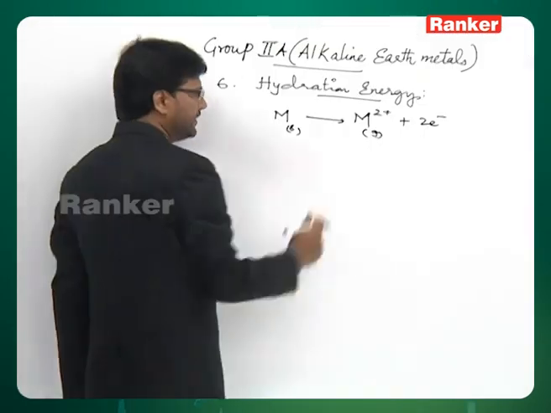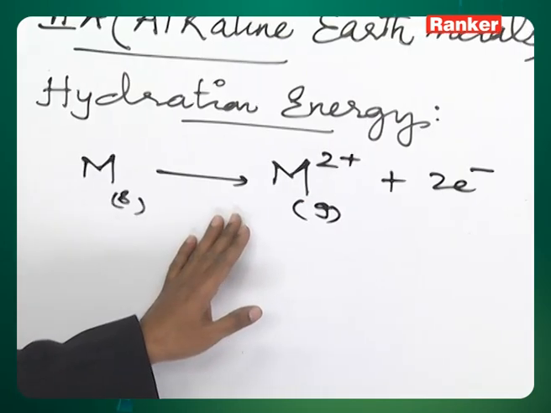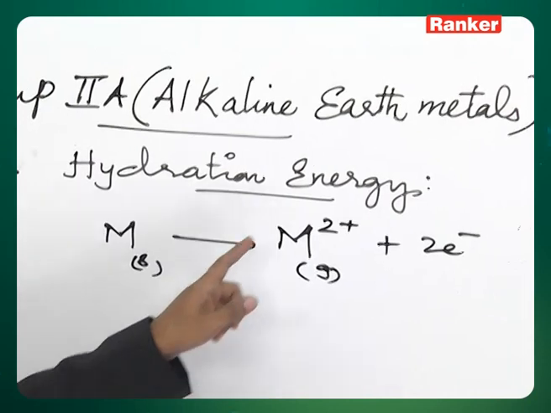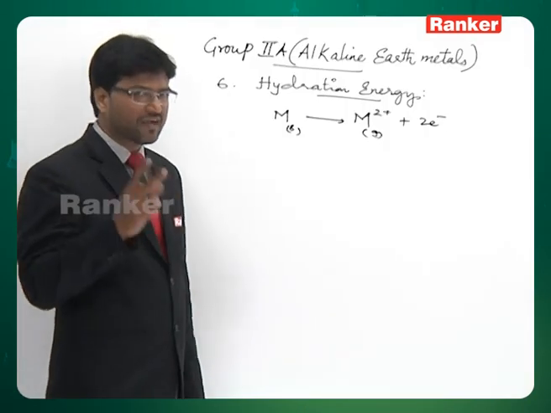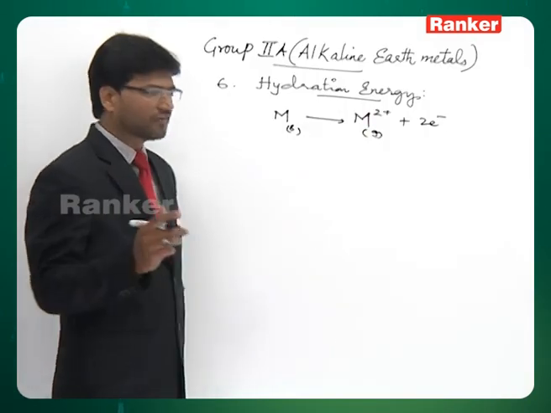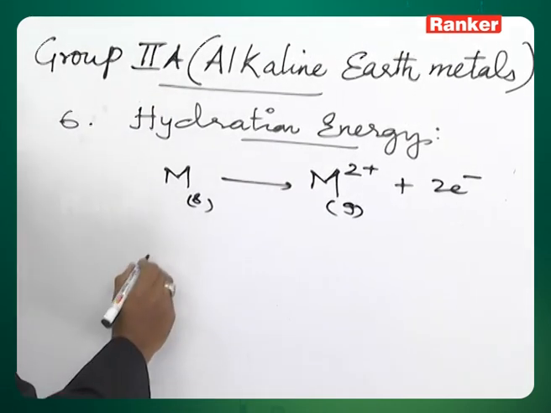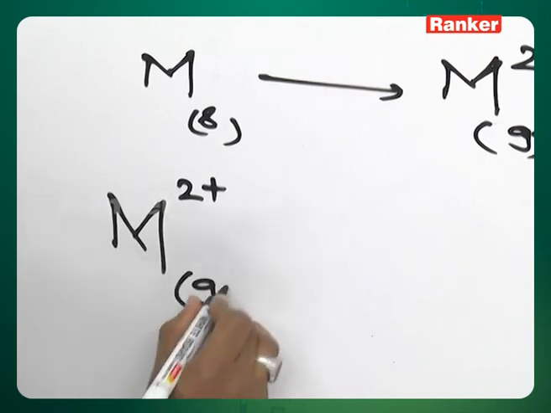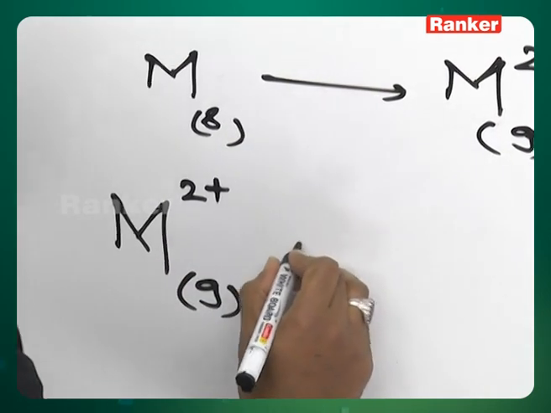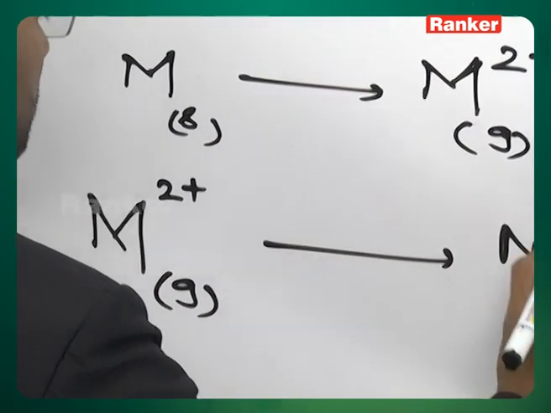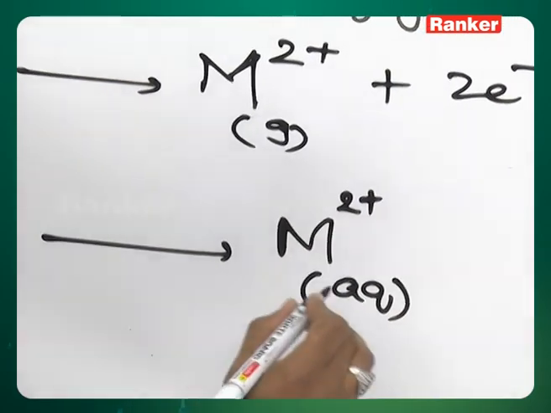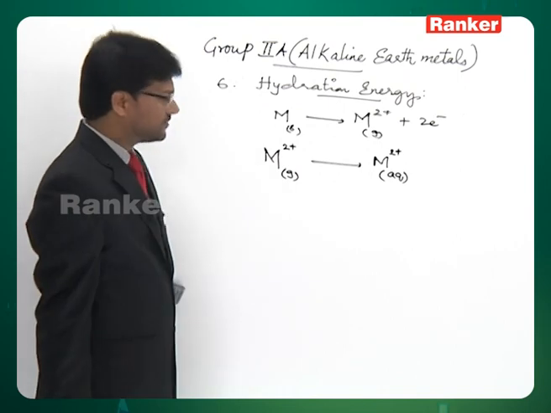See, the enthalpy change for this process is the sum of sublimation energy and ionization enthalpies, two ionization enthalpies, because two electrons are being lost. We are not talking about this. Actually, we are talking about the transformation of gaseous dipositive ion into aquated dipositive ion.